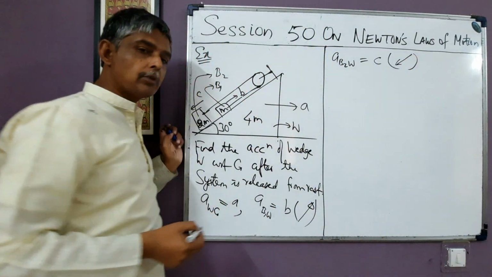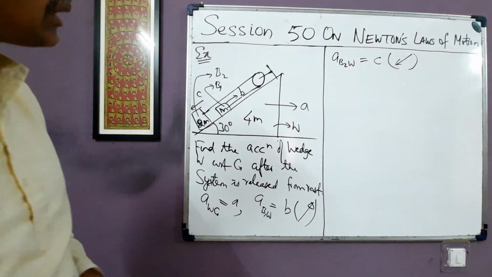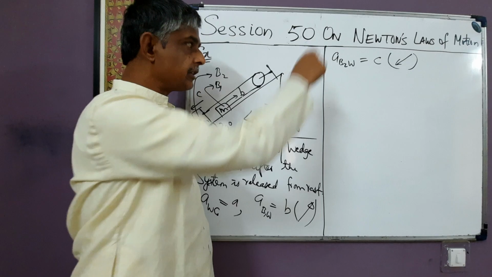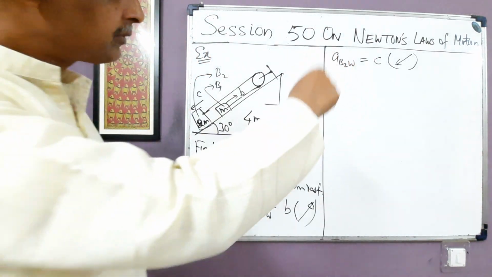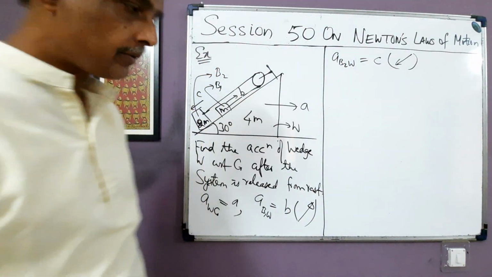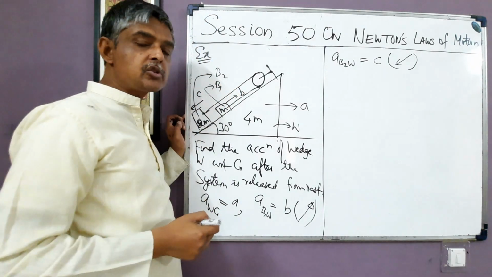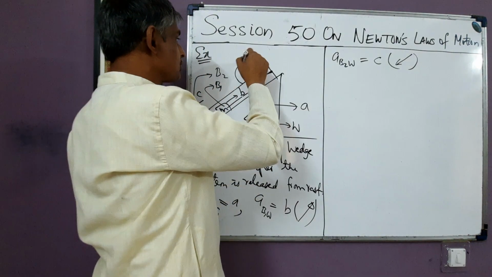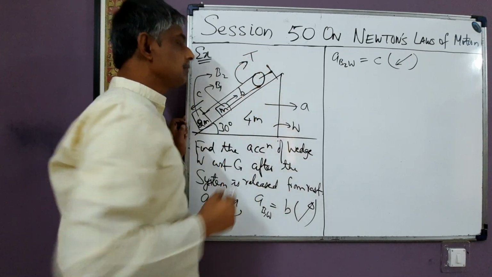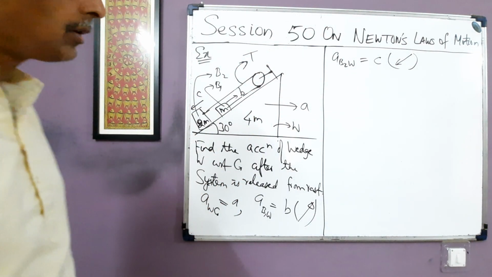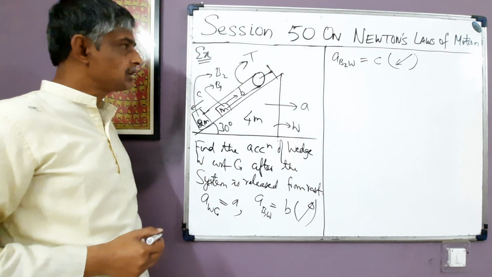Here B and C will be equal, but to demonstrate the various aspects of constraint theory, I have taken them to be different. But from constraint theory we will prove that they are indeed equal. One more thing, the string is massless and there is no friction between string and pulley in contact anywhere. So tension at all points of the string is same, equal to say T.